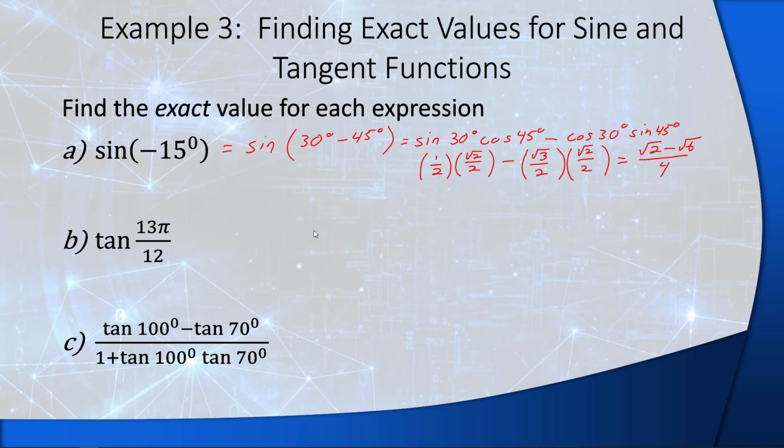What about tangent of 13 pi over 12? Well, we can write this as the tangent of 4 pi over 12 plus 9 pi over 12.